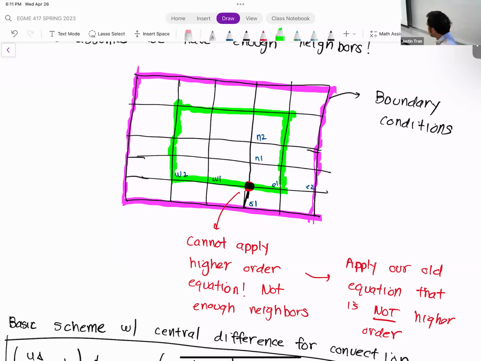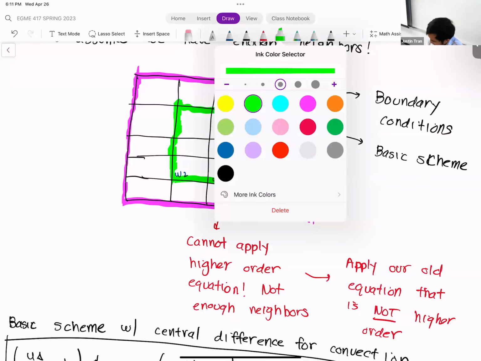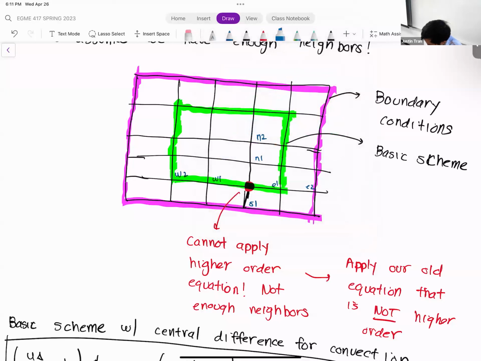These are technically interior nodes, but we don't have enough neighbors for the higher order scheme. So for this ring, we're going to apply the basic scheme. Finally, I'll use that color already, for all the interior nodes.